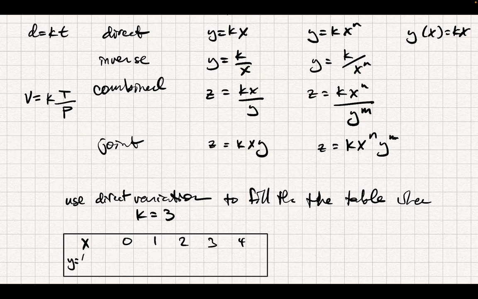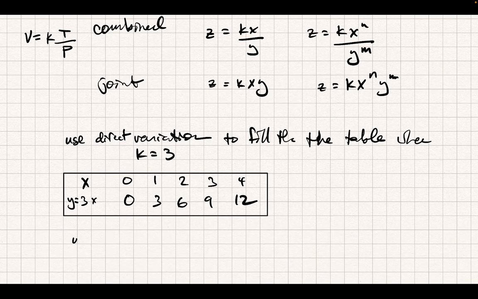What's my formula for y? y equals kx. And we know that k is 3, so I could write it as y equals 3x. Say it again, Carlo. 0, 3, 6, 9, 12. Wait, how did you get the number? You just multiply.